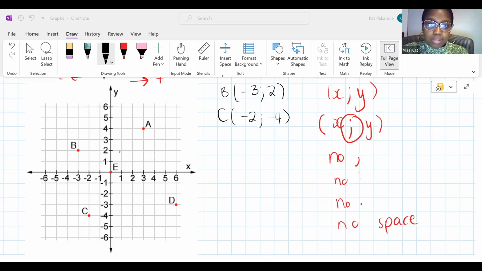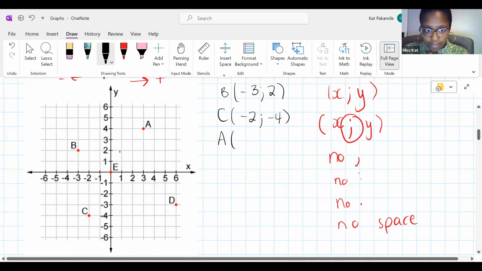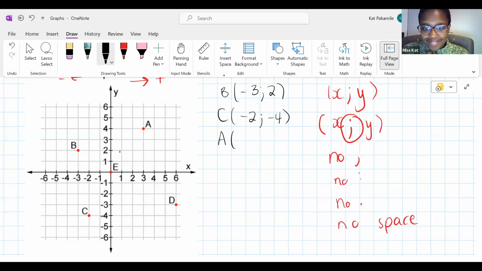I'm going back to Nosipo. Hi, Nosipo. Hi, ma'am. Hello. I want to do A with you. Okay, let's do A. So we're gonna say open brackets, our x-axis, which is 3, semicolon, our y-axis, which is 4, close brackets. Beautiful. Thank you, Nosipo. Thank you, ma'am.